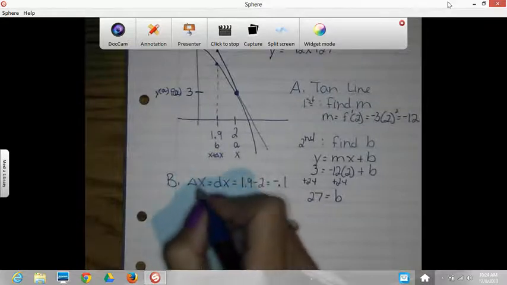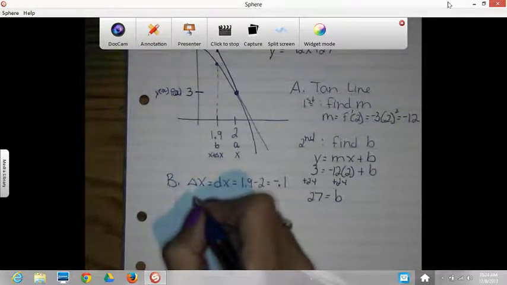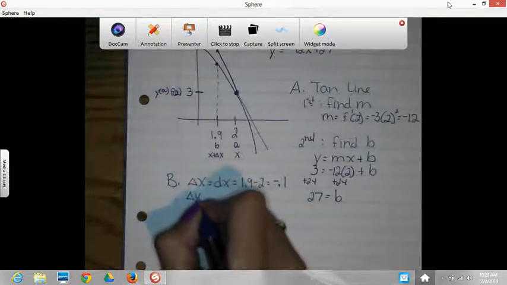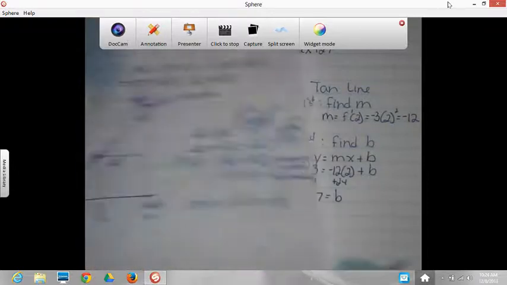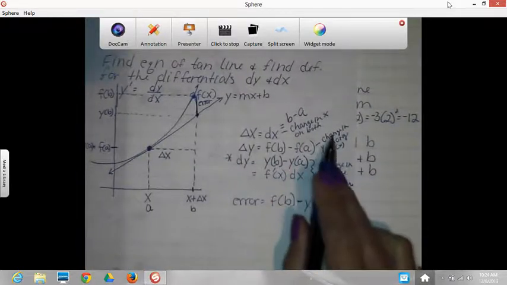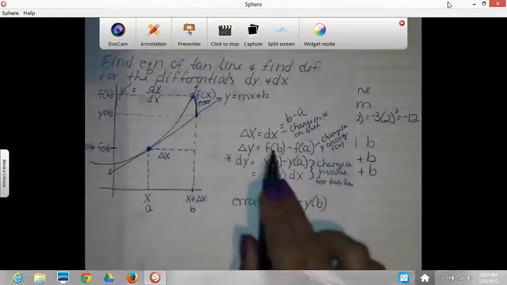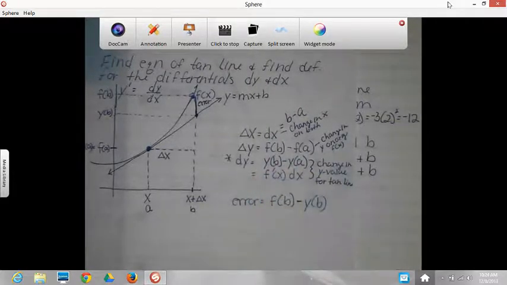Delta y next. Delta y, you look at your formula, it's the change in y values on the original function. So it's the f of b minus the f of a.